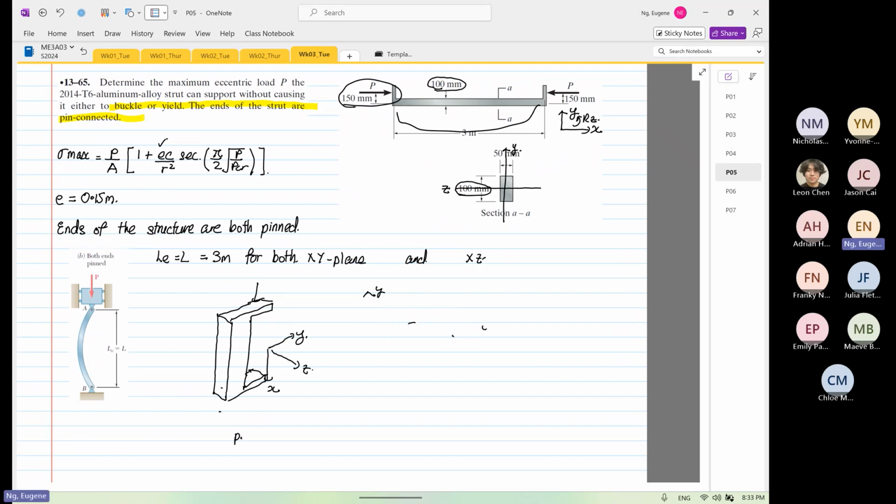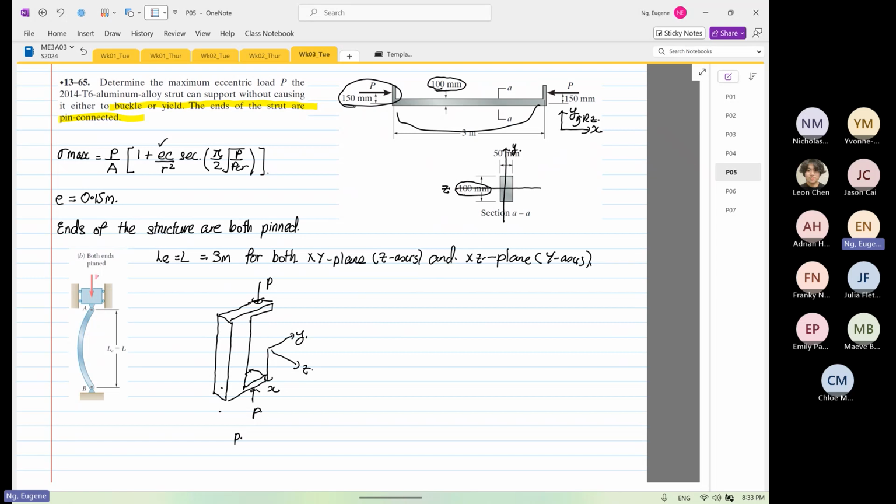So we know that we have a load down here as P. So buckling can occur on the XY plane, which is about the Z axis. And now buckling can also occur on the XZ plane, which is about our Y axis. Right? So buckling can occur on those two planes.